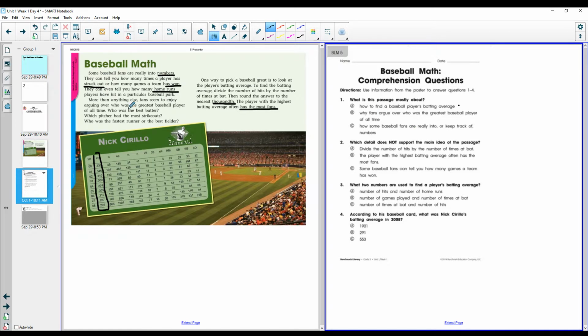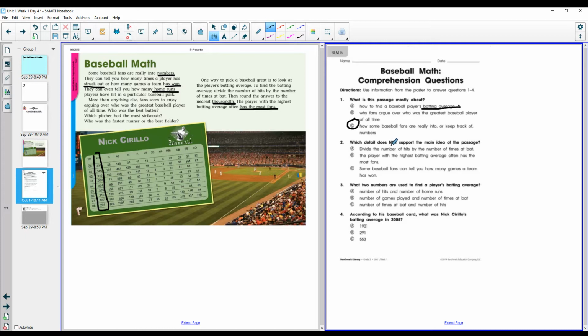Well, all these were about numbers. There's even a card about numbers. And you know what I'm thinking? That the batting average is also a number. So I think C is the best answer. That was tricky because A and B both sounded pretty good. So I had to use process of elimination.